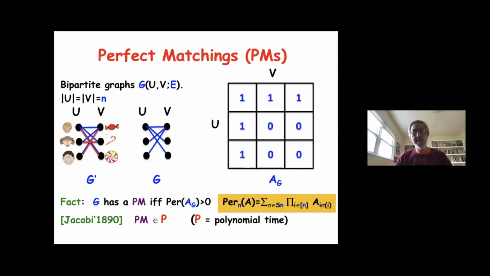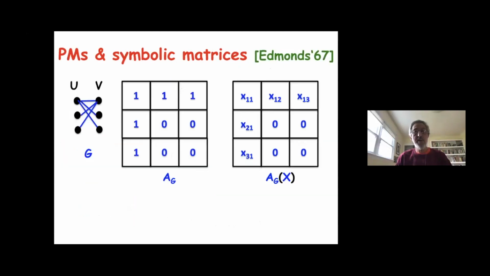Anyway, the permanent is nasty, and maybe there is a better algebraic formulation of this problem. And in fact, Edmonds found one. He suggested that instead of looking at the adjacency matrix of the graph, we should put variables wherever we see a 1 in the matrix. So we replace every 1 with a variable that's specific to the entry, like x11, x12, and so on.